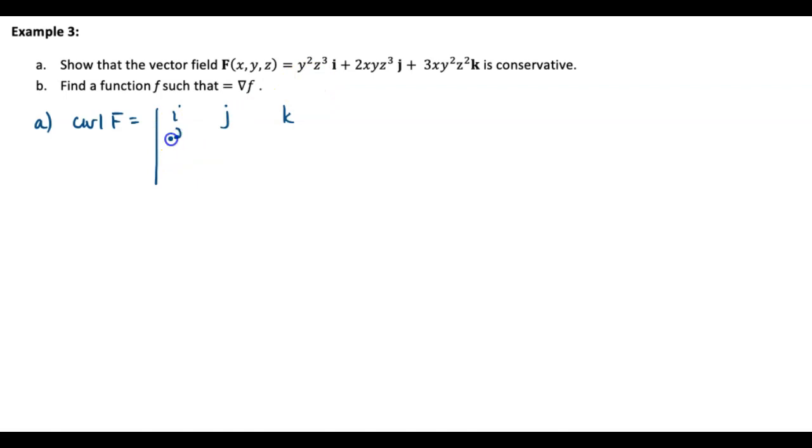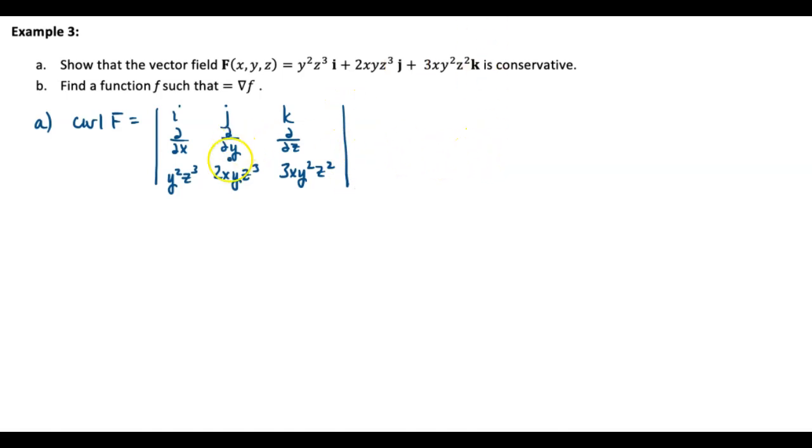We've got our del, which is the partial with respect to x, the partial with respect to y, and the partial with respect to z. And we've got our y squared z cubed, we've got our 2xy z cubed, and we've got our 3xy squared z squared.